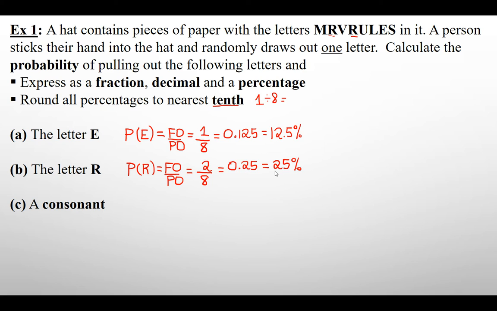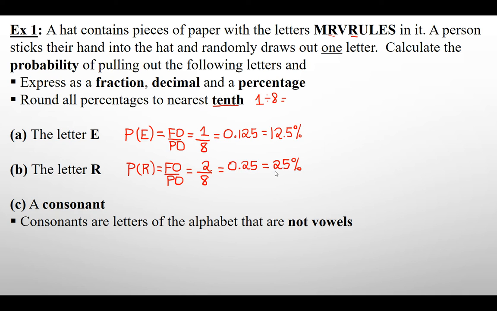Okay, how about drawing a consonant from this hat? Now, in case you're not aware of what exactly a consonant is, consonants are all the letters of the alphabet that are not vowels. So that could be any letter of the alphabet with the exception of the vowels A, E, I, O, or U. Okay, so let's look at this, and I'm going to try to change the color here.